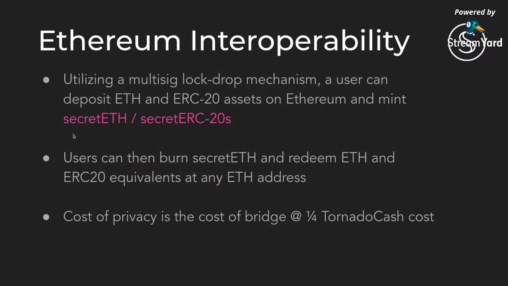The user can have these secret ETH after he sends them from Ethereum, and with these tokens, he can do basically everything he can do with a regular ERC20 on the Ethereum side. Then after users are done on the Secret Network side, they can burn their secret ETH and redeem their original ETH from the smart contract on the Ethereum side.